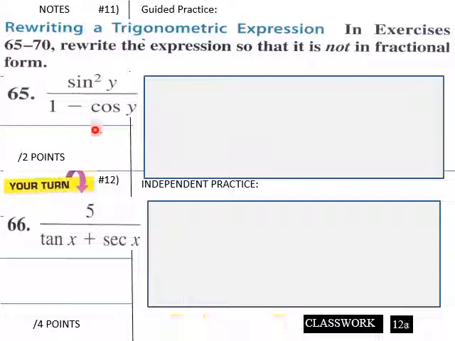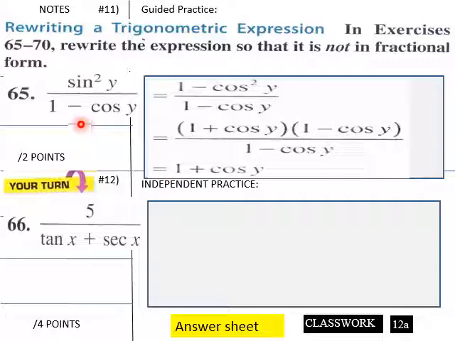So let's try one now in our guided practice. Sine squared y over 1 minus cosine y. And I'll probably do this one too, so students, pay attention. So sine squared y is the same thing as 1 minus cosine squared y over 1 minus cosine y.